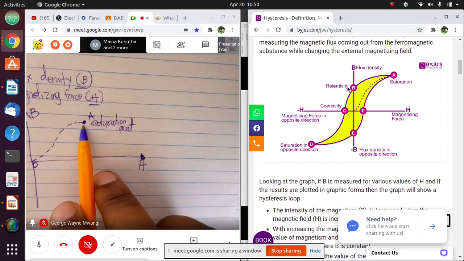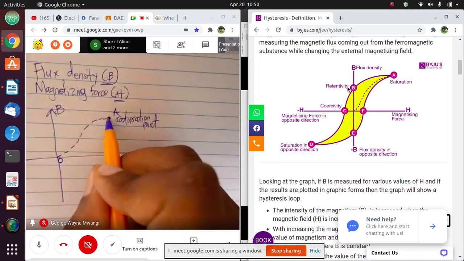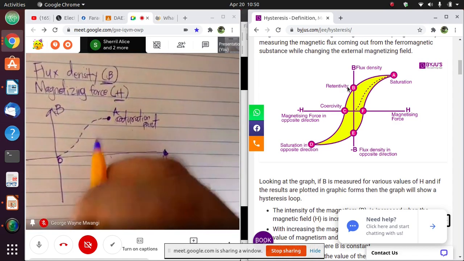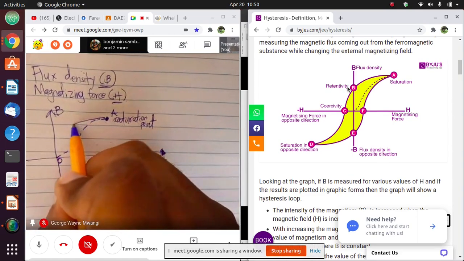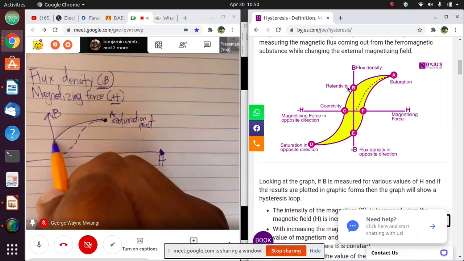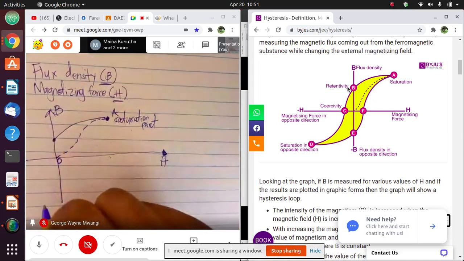Sawa sawa. Now, when we reduce the magnetizing force, the magnetism in that material will reduce. Itapungua. Sawa, itapungua. The flux density will also decrease.